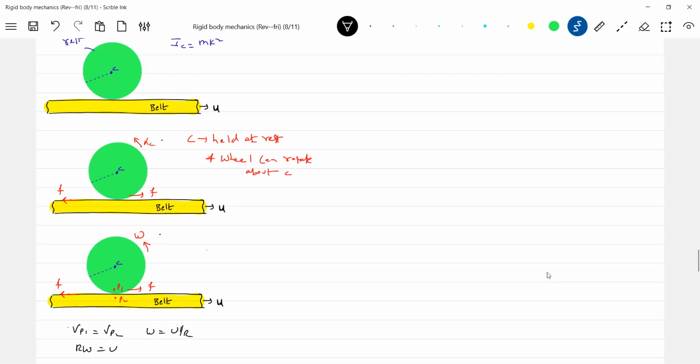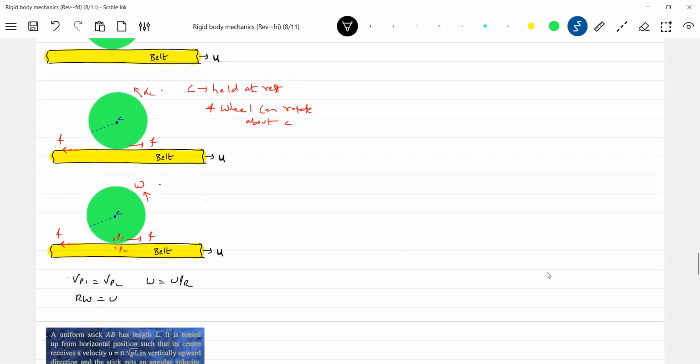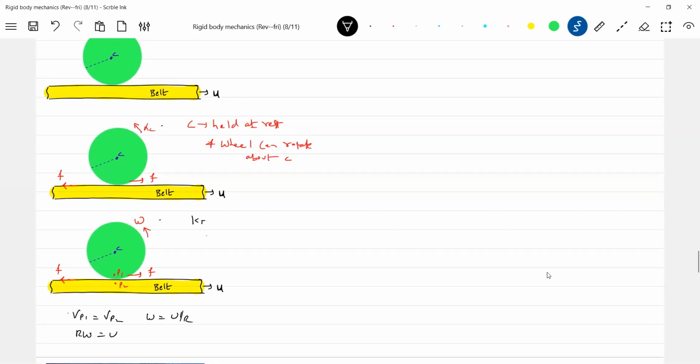It will be half I omega square. Kinetic energy, KE, I'll write it here.